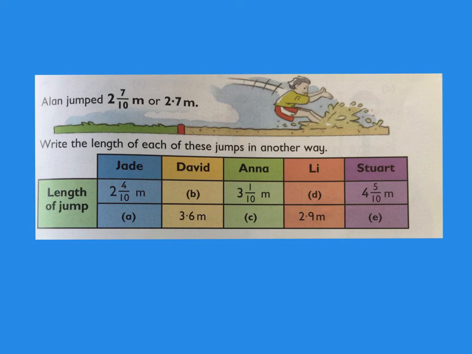So 2/10 is going to be 20, and so on. So how many centimeters did Jade jump? Jade jumped 2 meters and 4/10, which is 240 centimeters. But we're looking for an answer in decimal form, so it's 2.4 meters.